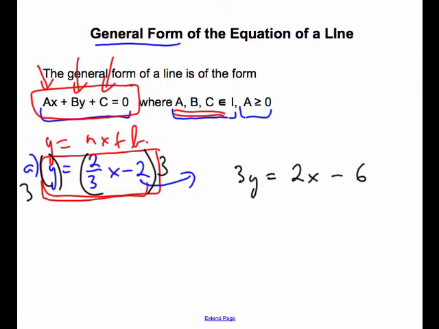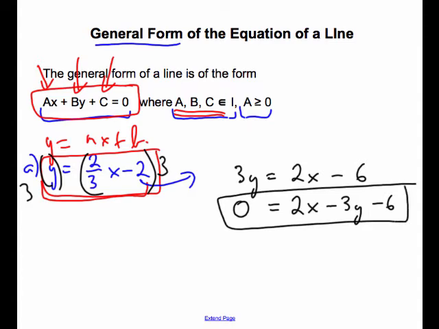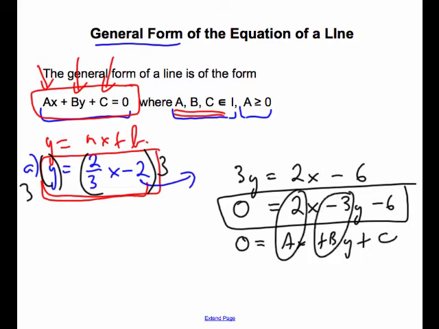And to get general form, I'm going to set my equation to 0: ax, bring the y term over, plus by plus c equals 0. Okay, and we've got general form. A is 2, b is -3, c is -6.